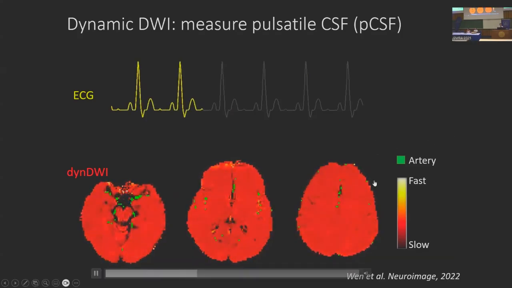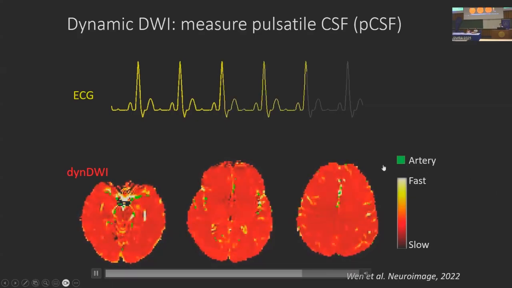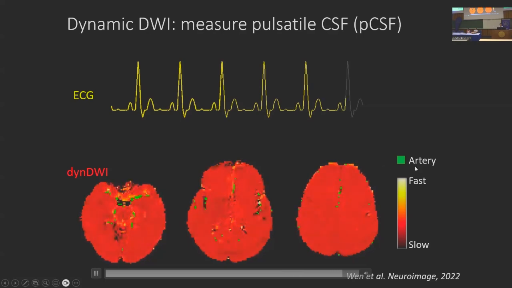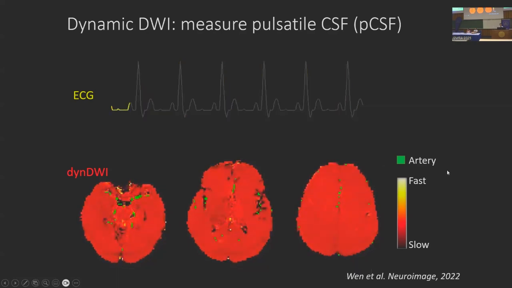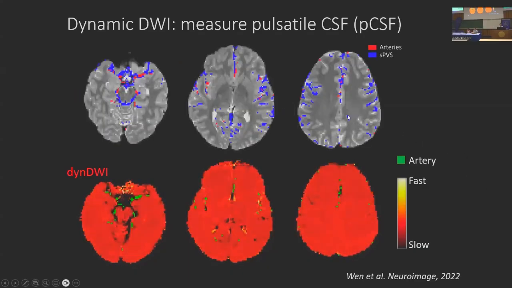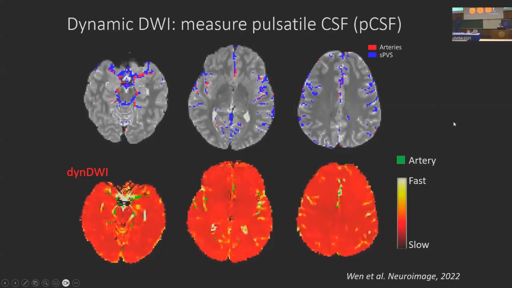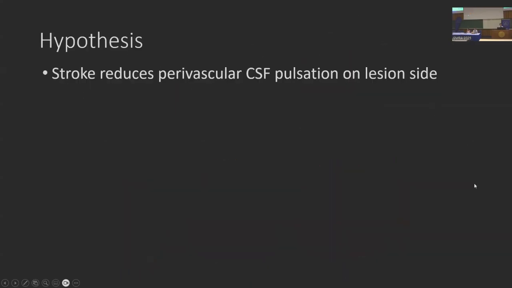The parenchyma has no pulsation, and the artery, because of the very fast blood flow, shows black signal on diffusion imaging, and the perivascular CSF will show some moderate signal. Here another image shows the arteries and perivascular CSF.